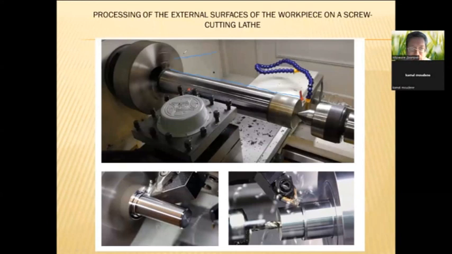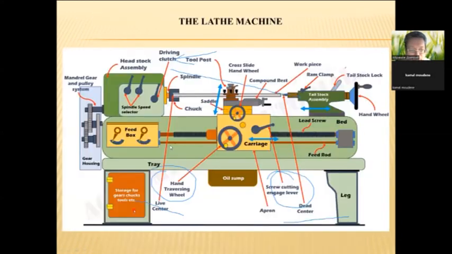You can see the chuck, support, and another part of the lathe. One more thing is a cutter. And let's see the next slide.